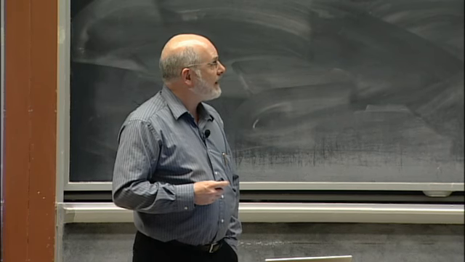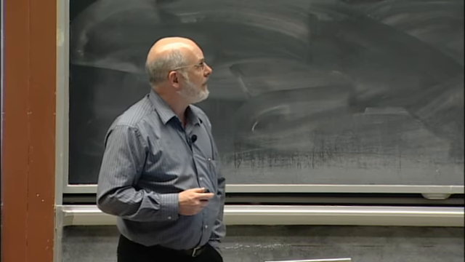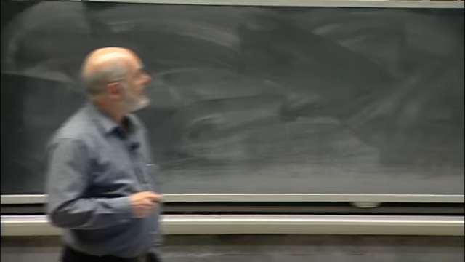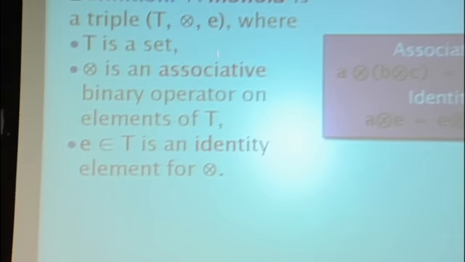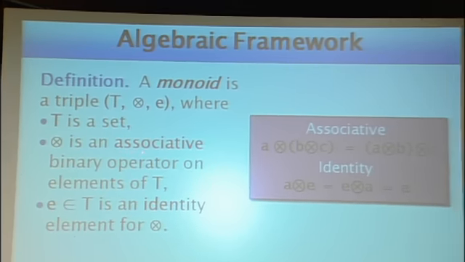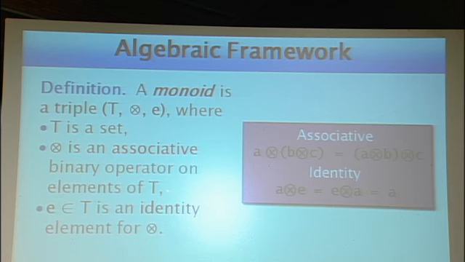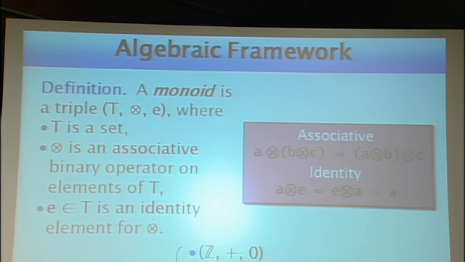So the algebraic framework for this is that we have a monoid, which is a set, an operator, and an identity, where the operator is an associative binary operator, and the identity is, in fact, the identity. So here are some examples.